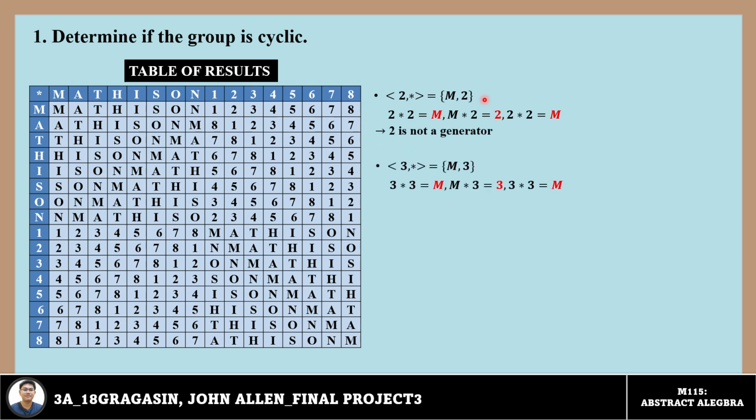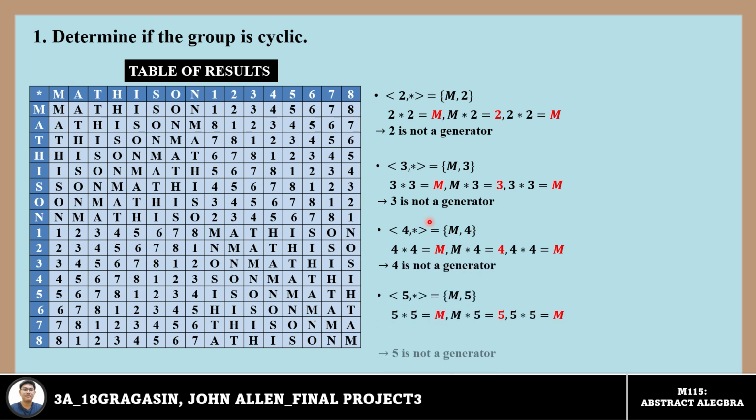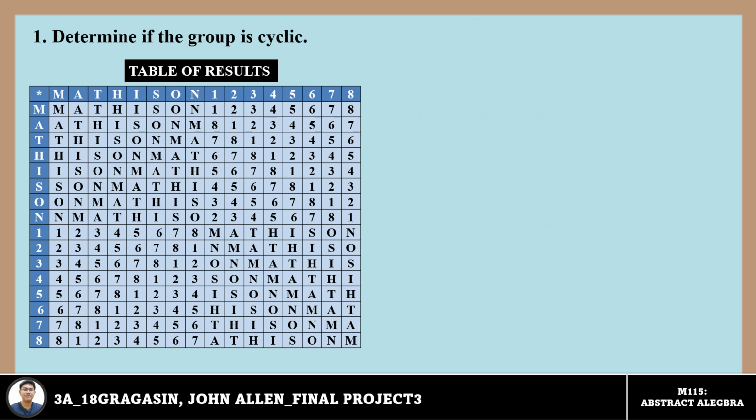It is the same as the element 3, wherein it is not a generator as well, the same as the element 4, and then the element 5, since their resulting elements don't generate the entire set G. Next, we have the element 6. So 6 star 6, we have M, and then M star 6, we have 6, and then 6 star 6 is M, which brings back to the first one.